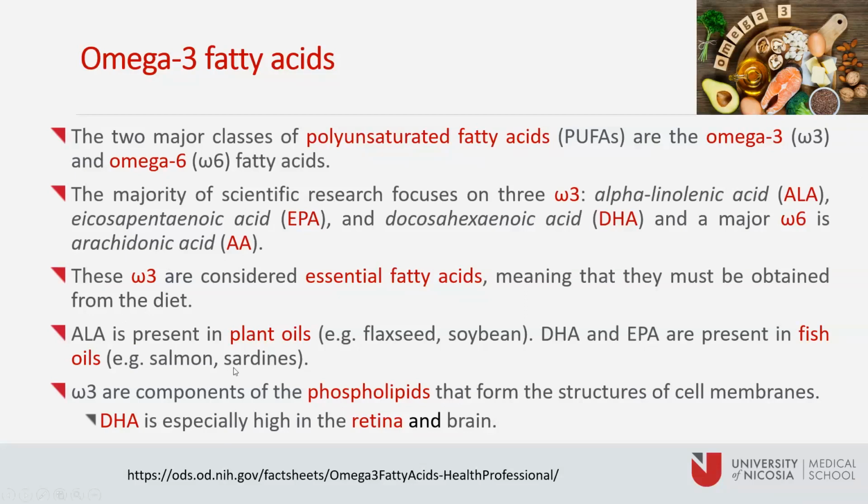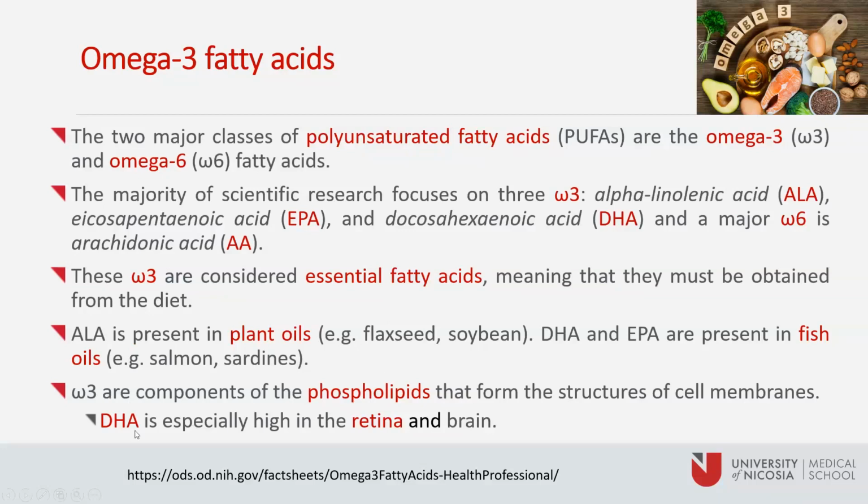So ALA is present in plant oils, for example, some nuts, flax seeds, soybeans, and DHA and EPA are usually found in fish oils like salmon, sardines, and so on. Omega-3 are important in terms of cell membrane structure because they are components of the phospholipid membrane.